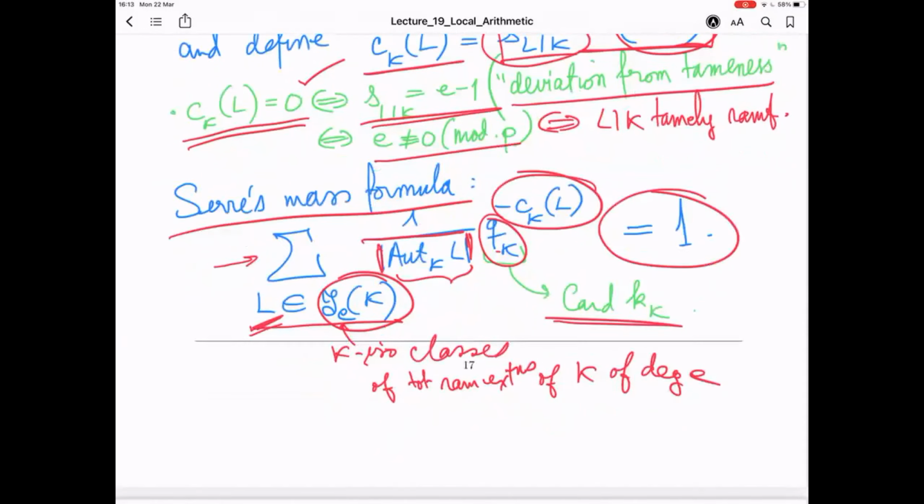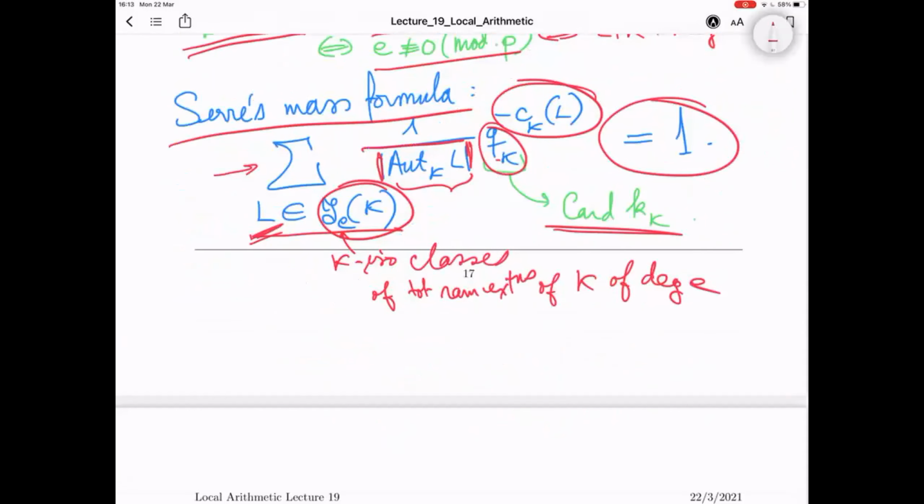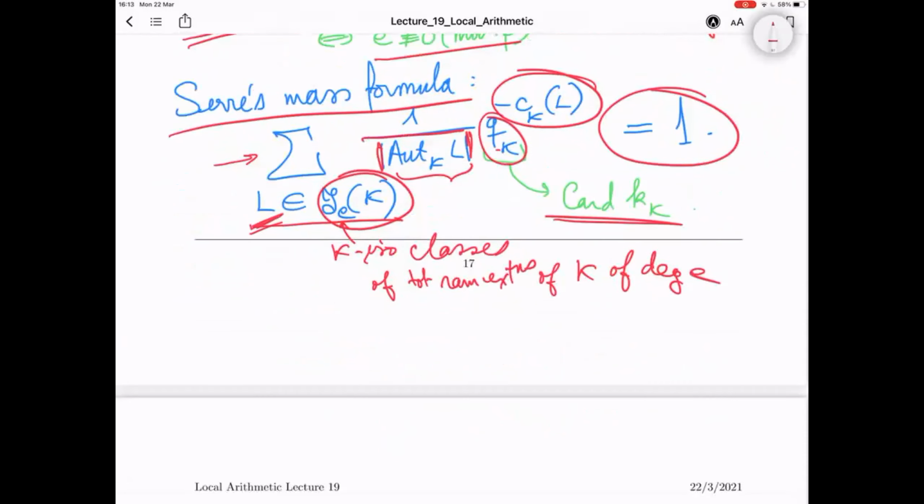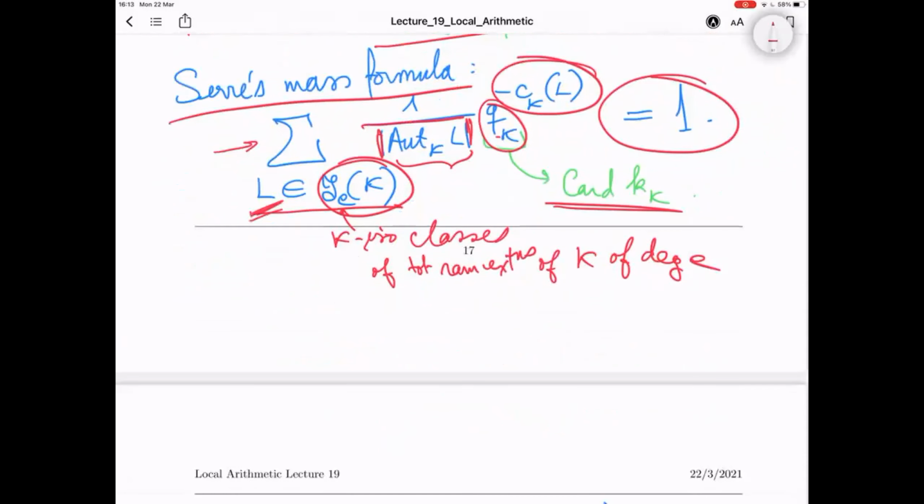Now it should be possible for us to prove this because we have done two things.